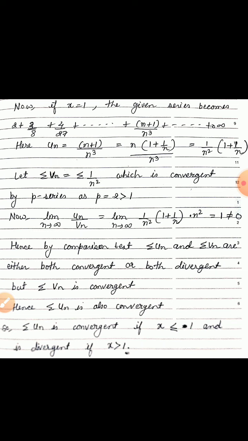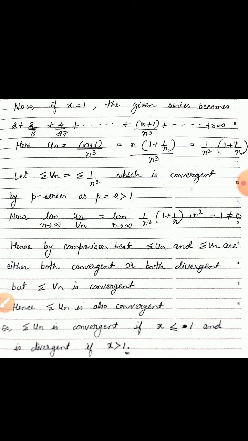So let summation v_n be equal to summation 1 by n square, and this series is convergent by the p series, as here p is equal to 2, which is greater than 1. Now we will find the limit as n tending to infinity of u_n by v_n, which is equal to limit n tending to infinity of 1 by n square, 1 plus 1 by n into n square. After simplification, we get the value as 1, which is not equal to 0.